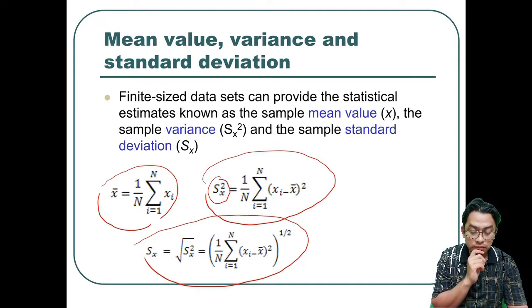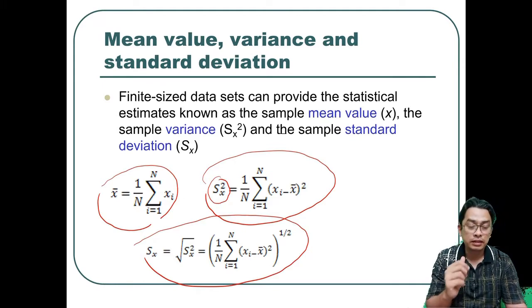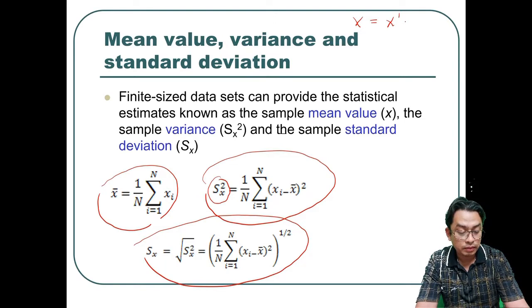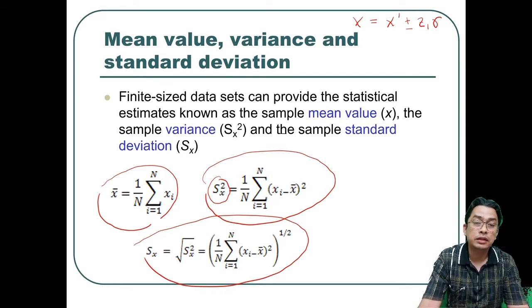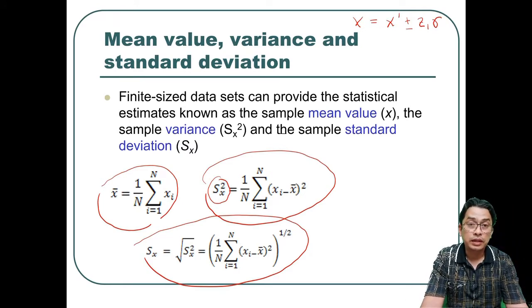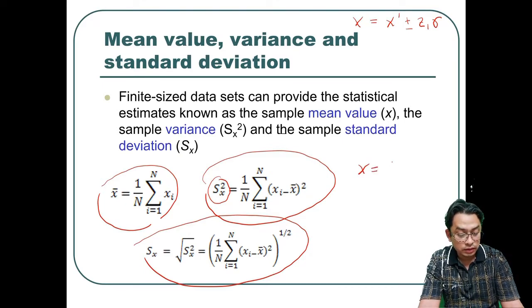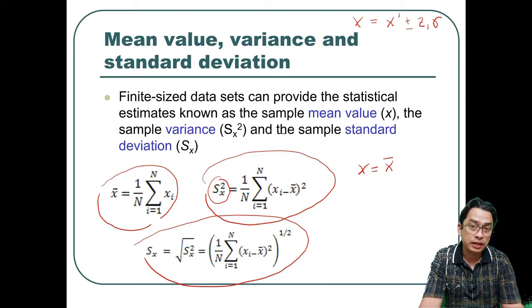So for infinite data, the data will look like this: x' plus or minus z1 times the variance. This indicates the interval of the data. But for finite statistics, x will appear in the interval of, because with finite data, the symbol for the mean value is x bar. x' refers to the true behavior of the data, which is for infinite data, infinite statistics.